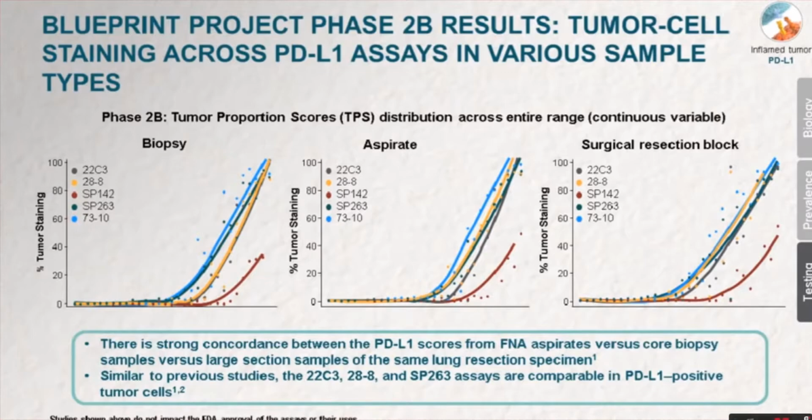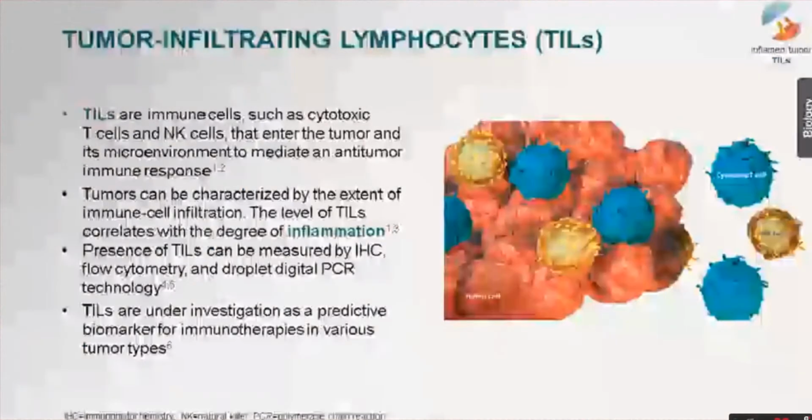This clone seems to have a slightly different staining profile in that it doesn't have as high a percentage of staining and also tends to stain immune cells. Although if we look at the charts, there is a strong correlation with the others, the results are different.